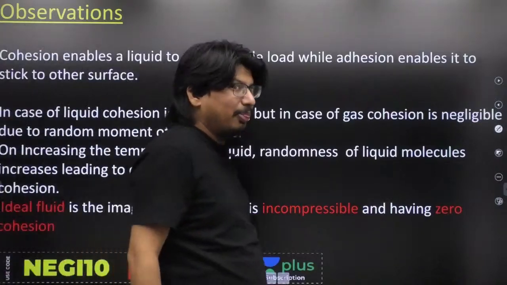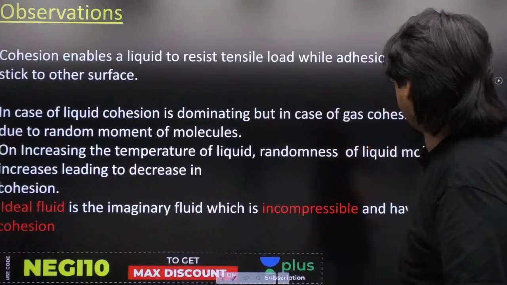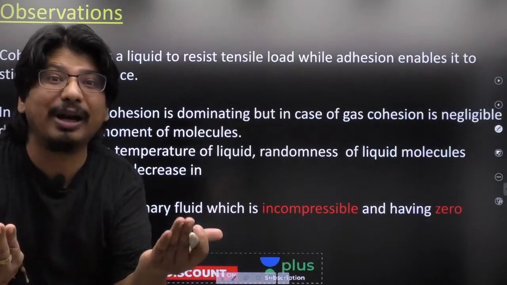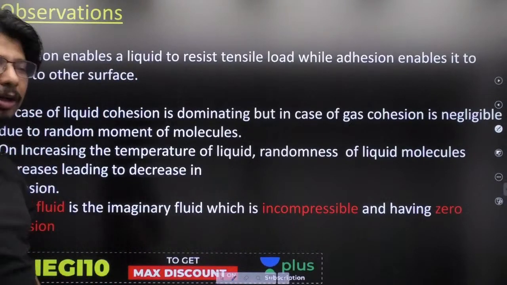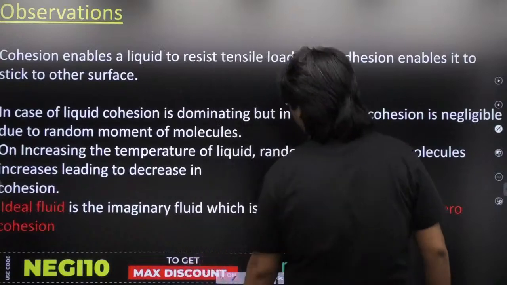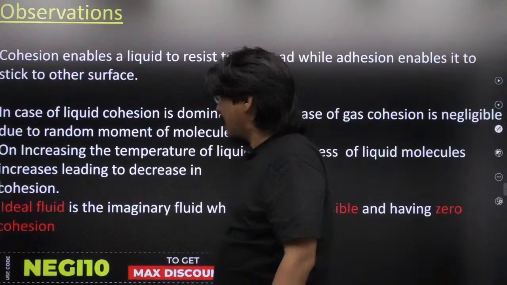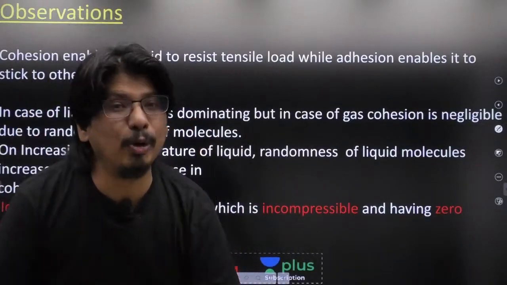In case of liquid, cohesion is dominating, but in case of gas, cohesion is negligible. Why negligible? Because of random movement of the gas molecules. On increasing the temperature of liquid, randomness of the liquid molecules increases, leading to decrease in cohesion. Now listen carefully. Here I am having one more beautiful concept.